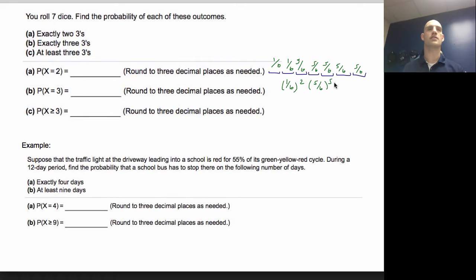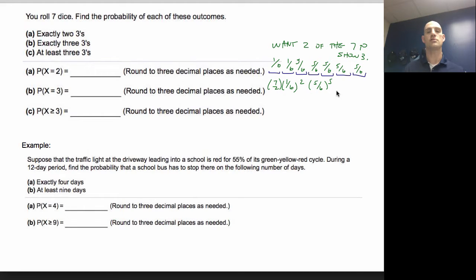And so we have to consider the number of ways there are to arrange these dice, or the number of ways that any 2 dice could show it. And so we really want 2 of the 7 to show 3. So what we're going to do is combine 7 things 2 at a time into threes, and this is the probability of getting a 3.